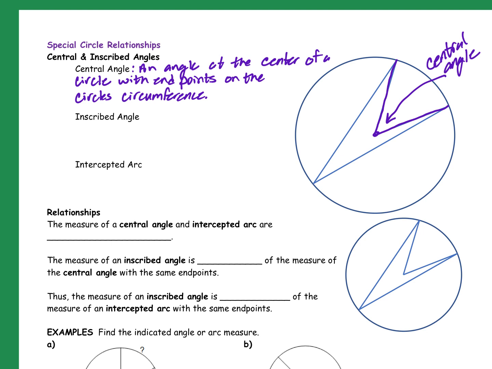Okay, and then we have an inscribed angle, which is an angle made from points sitting on the circle's circumference.